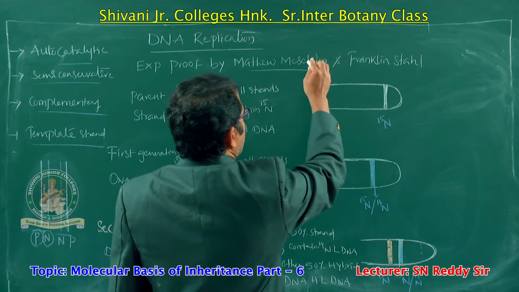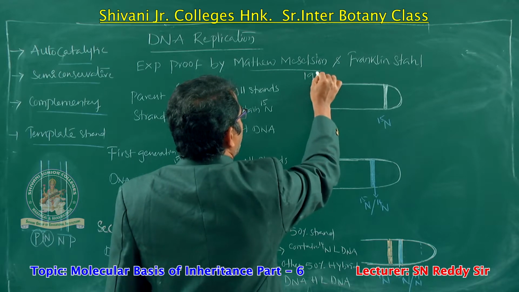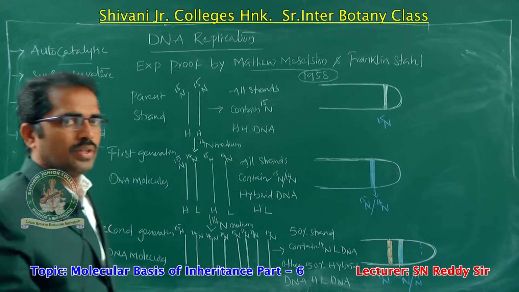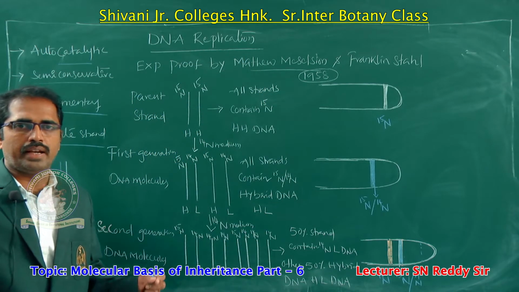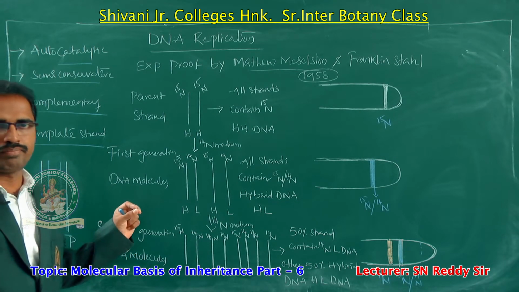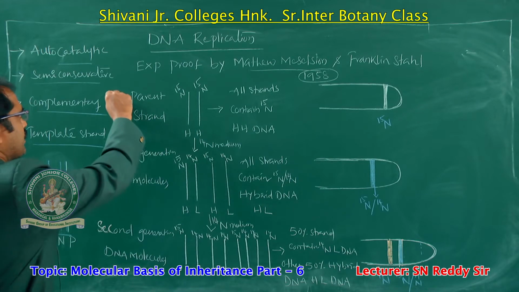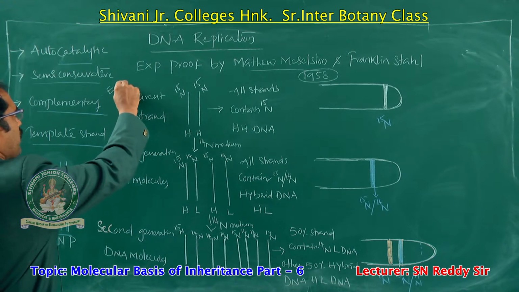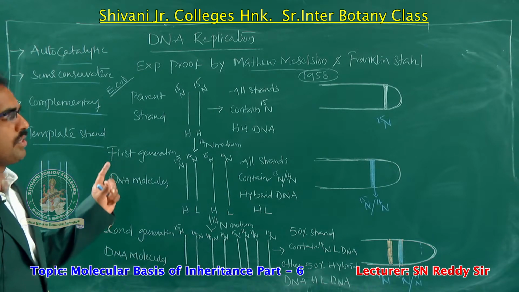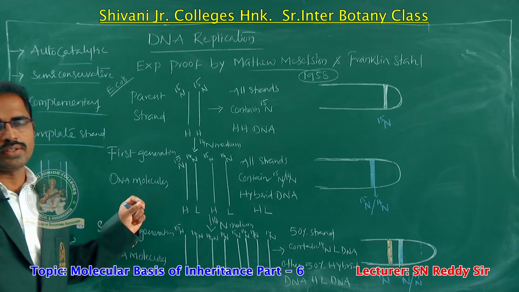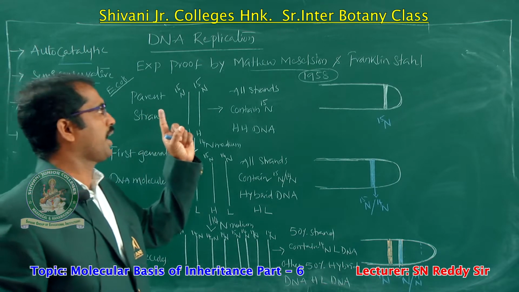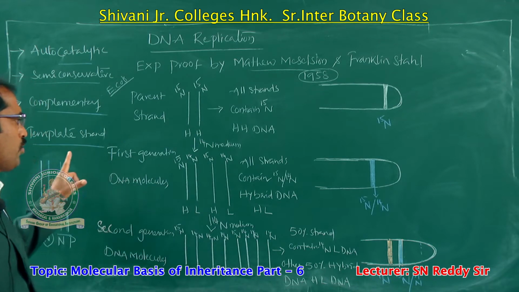In 1958, they did an experiment in the bacterium Escherichia coli. By that experiment, there is proof that DNA replication is a semi-conservative method of replication.